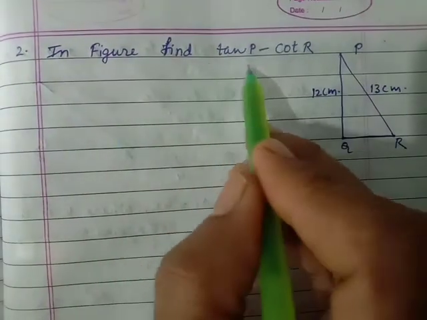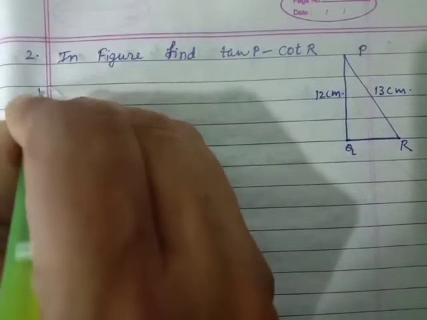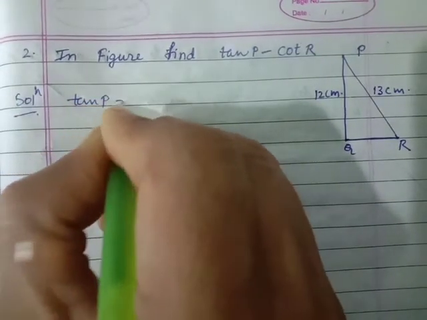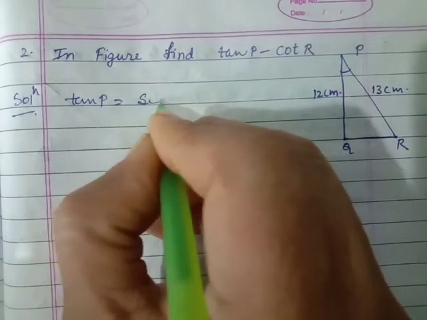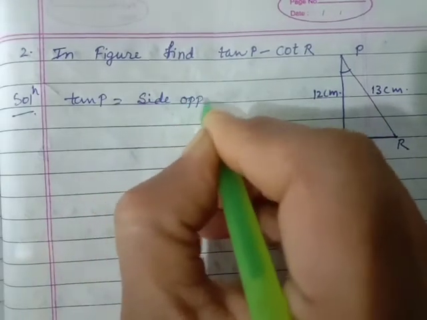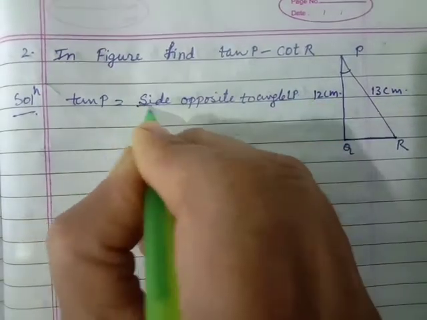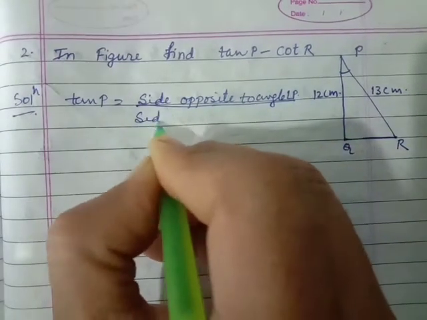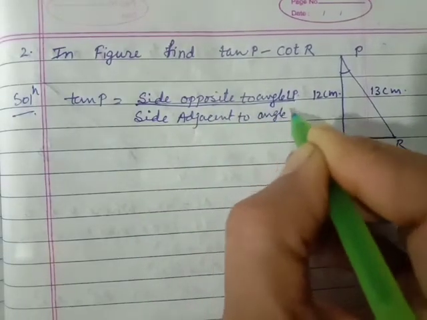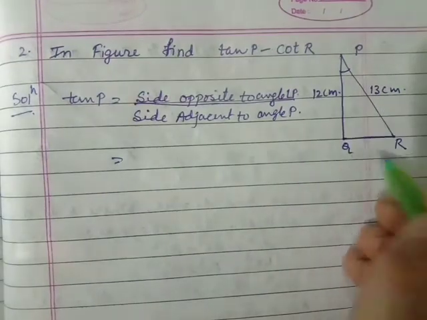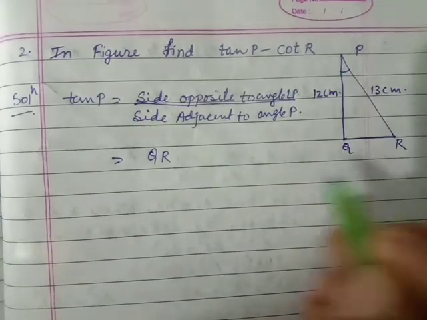In this we have to find tan P minus cot R. So let us first find tan P. Tan is the side opposite to angle P upon the side adjacent to angle P. The side opposite to angle P is QR and the side adjacent to angle P is PQ.